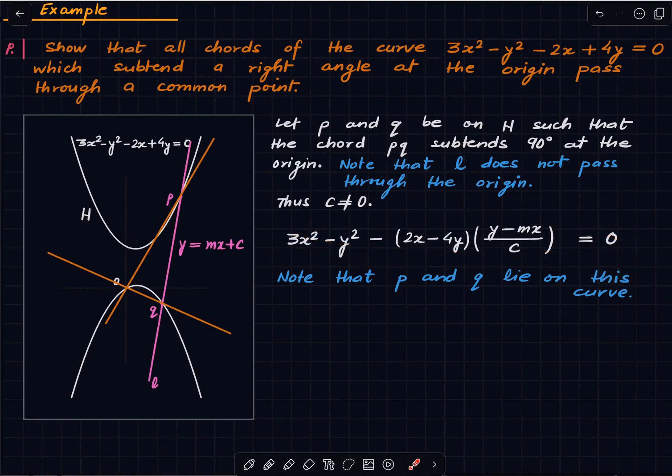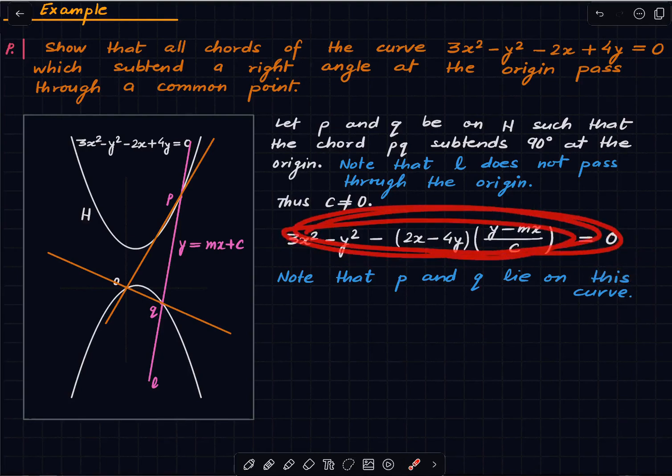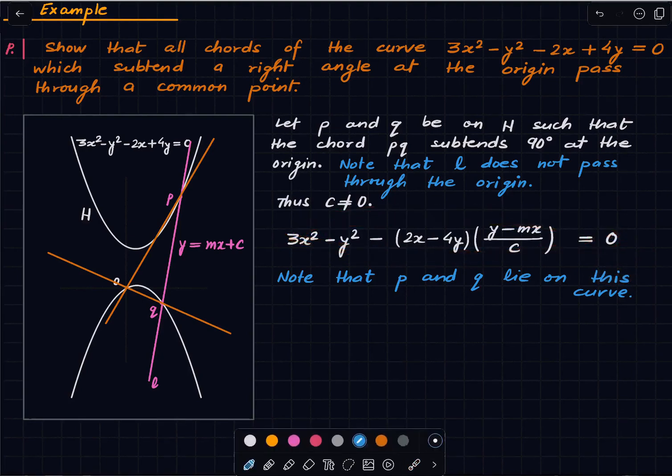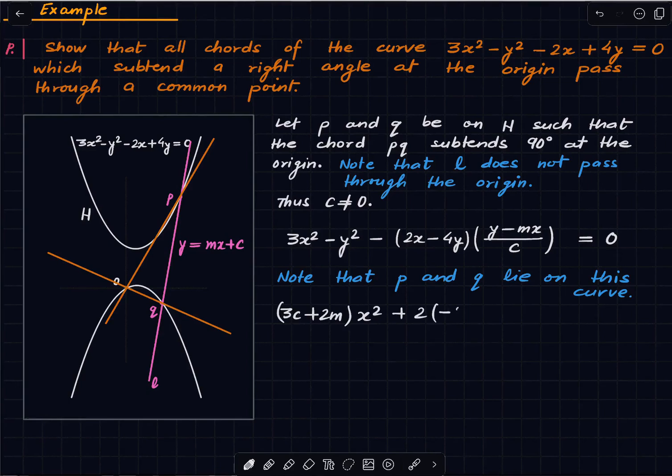And now if we just rearrange that thing, what we get is, I have kind of pre-computed it, 3c plus 2m times x square plus twice of minus 2m minus 1 xy plus 4 minus c y square equals 0.